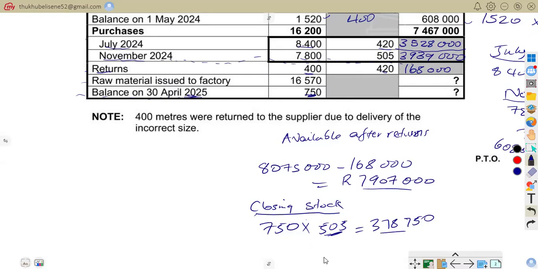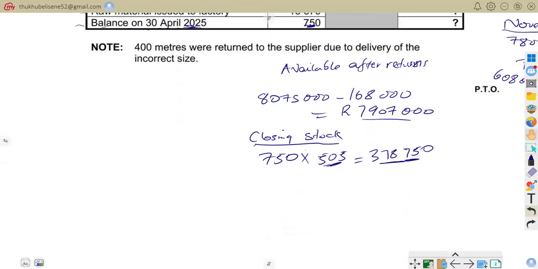So this is our closing stock, good people. Don't forget this amount is our closing stock. For us to calculate the final answer, we say 7,907,000, our available after returns, minus closing stock, because closing stock is not a part of our financial year. We are going to take it to the next financial year.